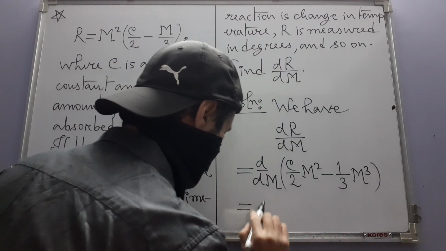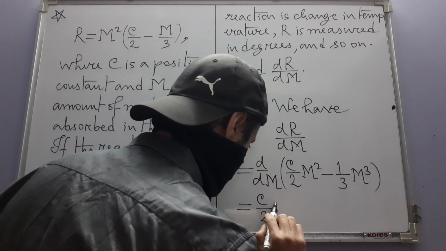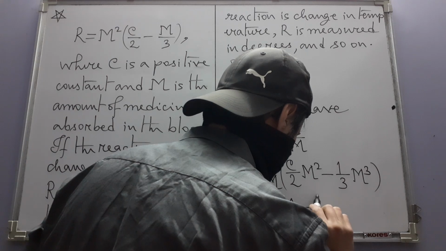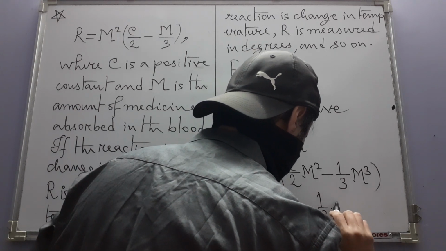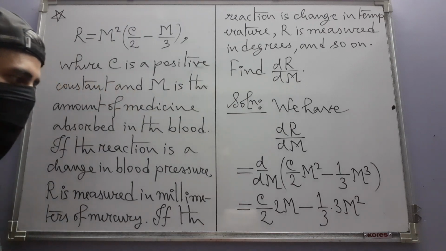So this is a rather easy thing. Differentiating M squared will give you 2M. Mathematically it's very easy. And differentiating M cubed gives you 3M squared.